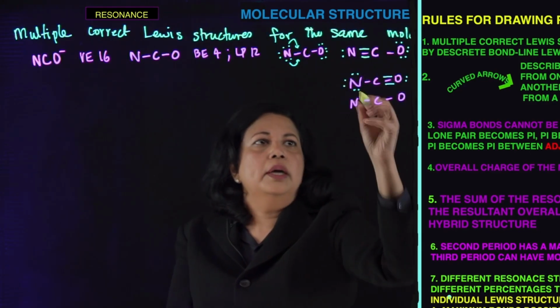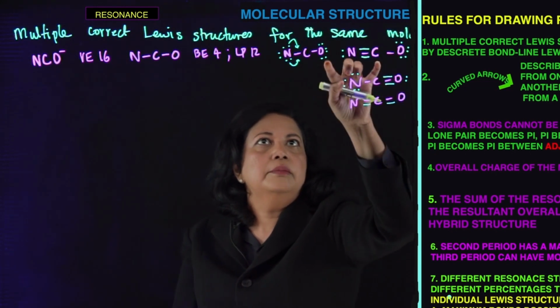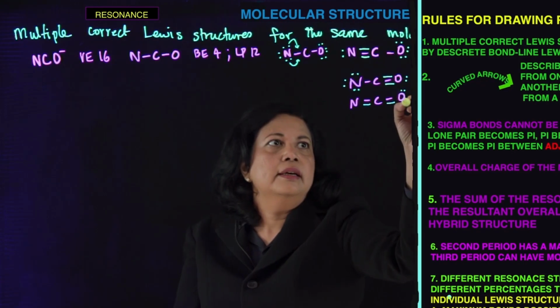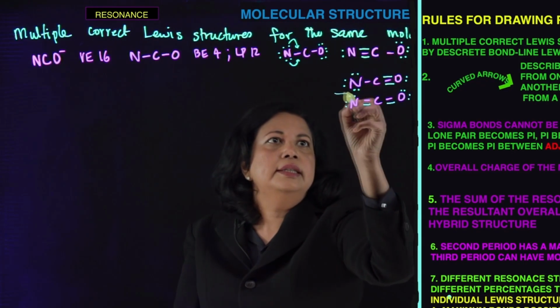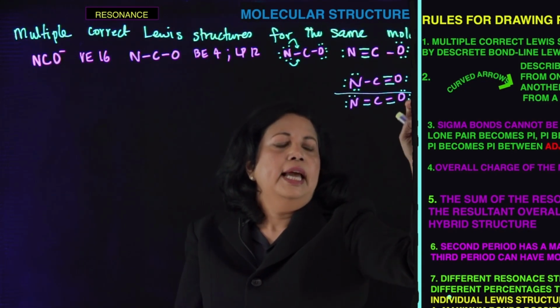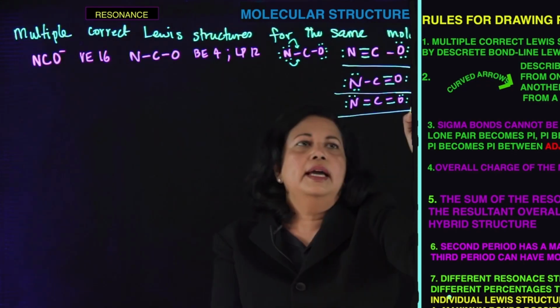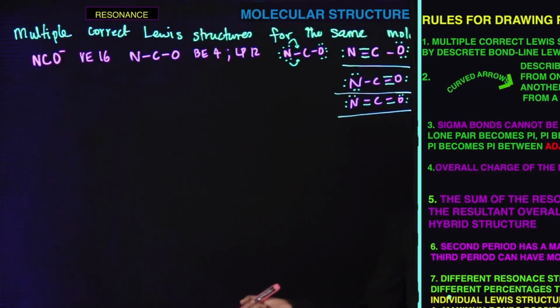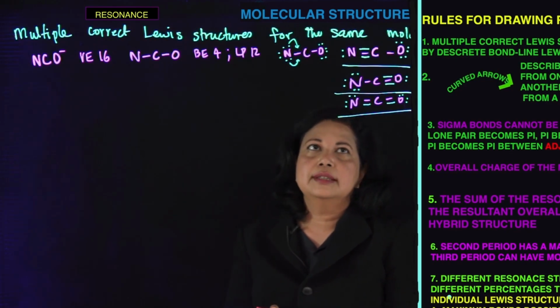Or we can do 1 each. So basically we are moving these. Let's look at the 3 of these and see which one is going to be the best, and the way we do that is by doing formal charges.